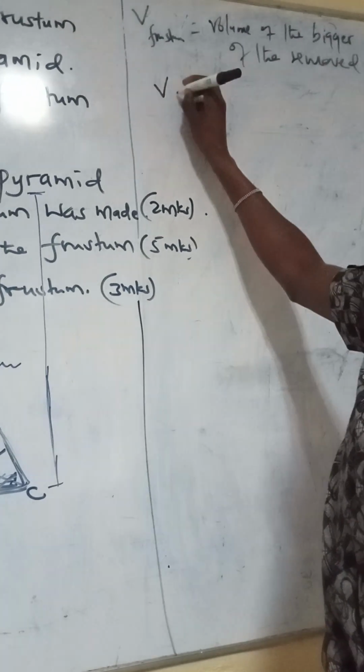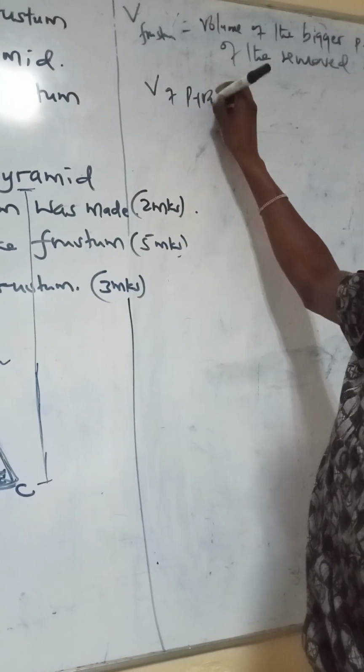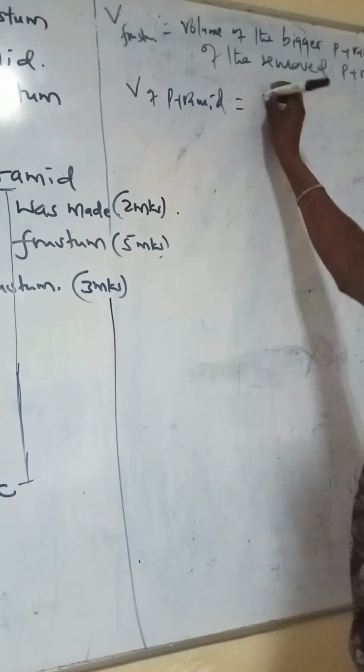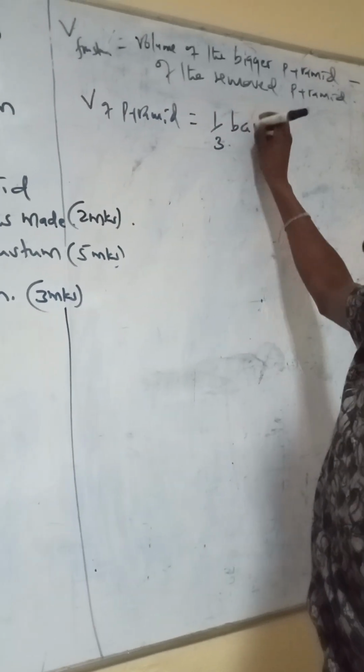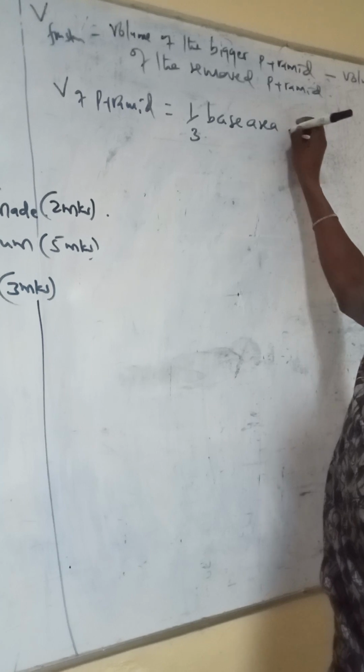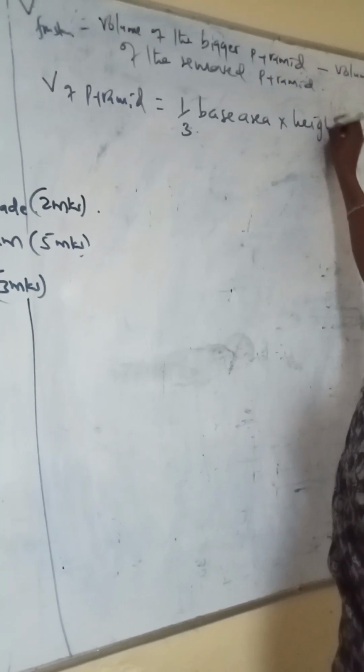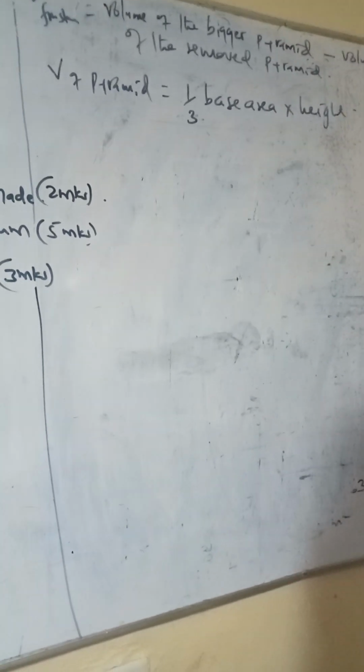But we know that the volume of a pyramid is equal to a third base area times height. So that is how we get the volume of a pyramid.